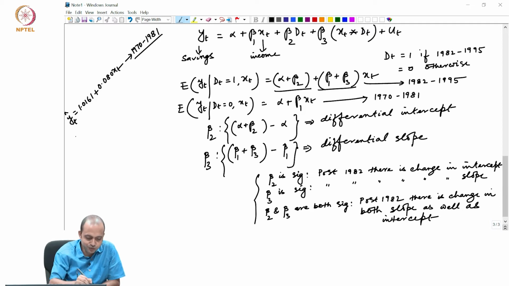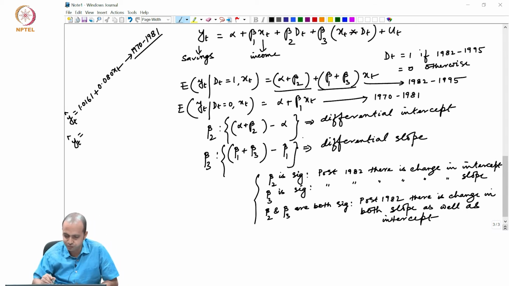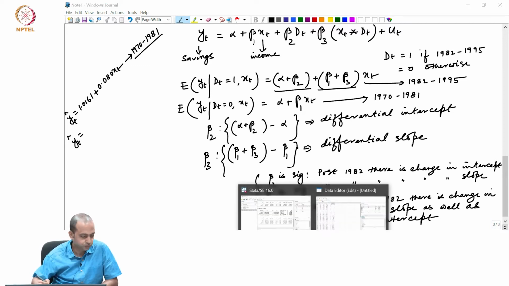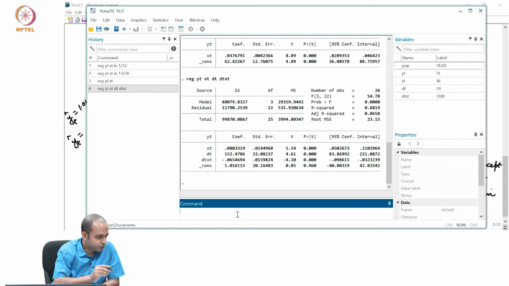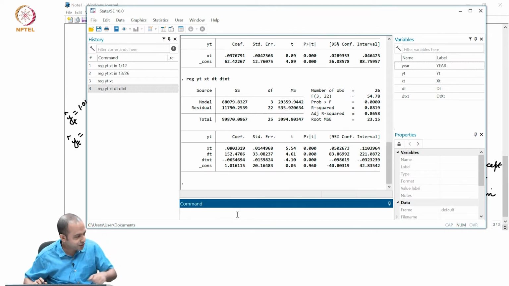And what is the equation for the post-recession period? That would become YT hat equals, for the post-recession period, alpha plus beta 2 plus beta 1 plus beta 3 xt. Now from the result, what is your alpha? 1.01. And what is the differential intercept?